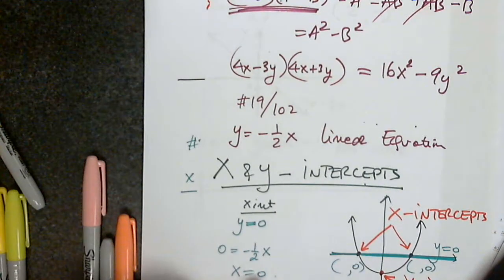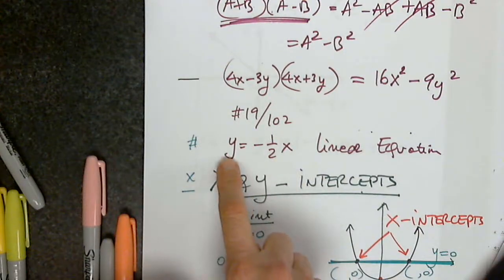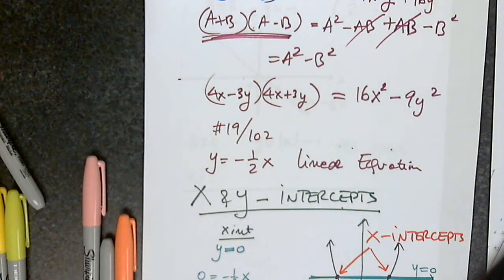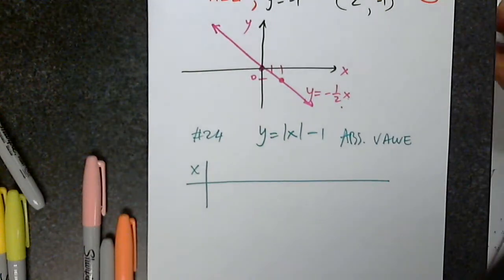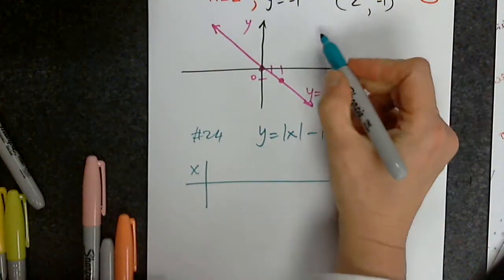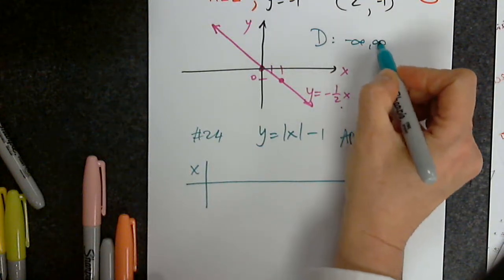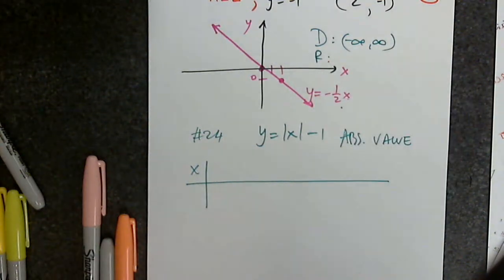I just found that when x equals 0, y is 0. Can I plug in 10? Negative 3. Negative 100. So what is the domain of a linear function? All real numbers. Domain, all real numbers. What about the range of a linear function?